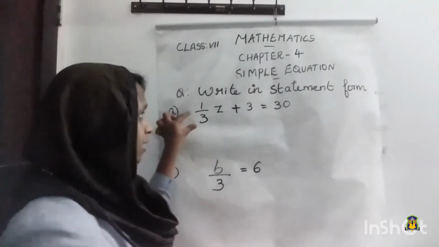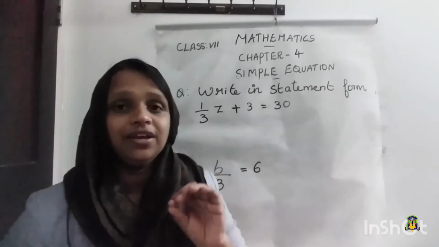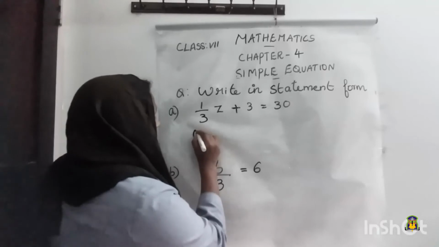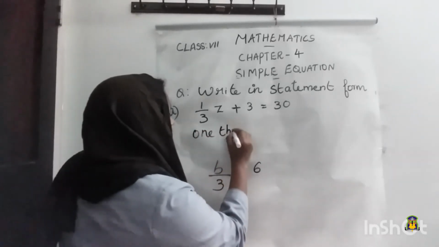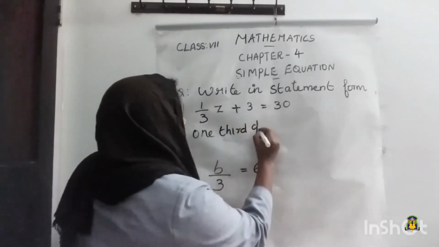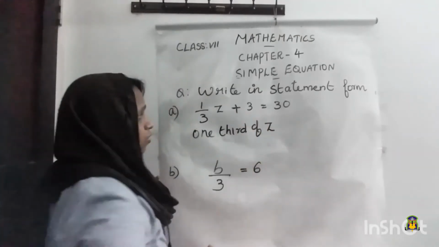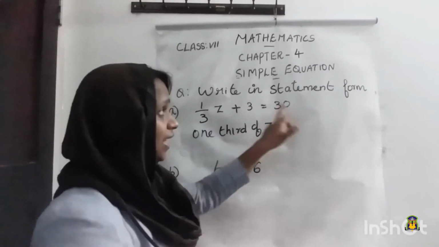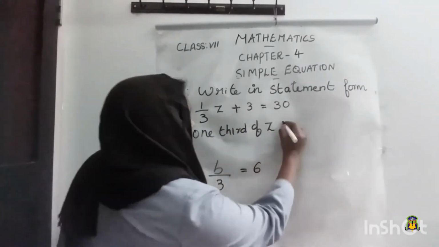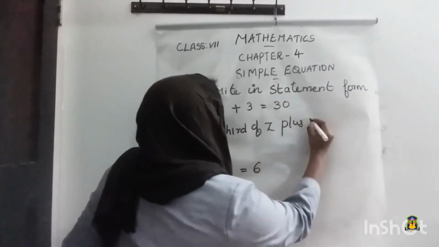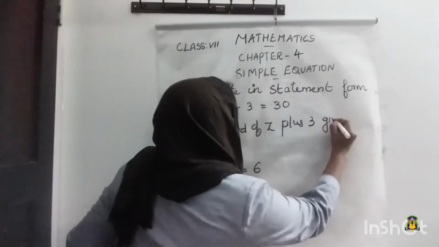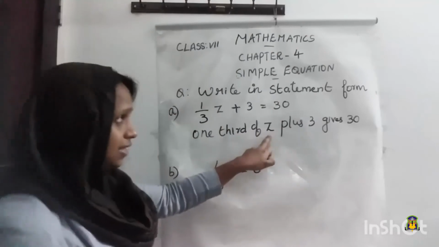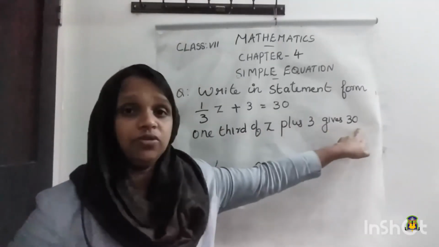So here it is 1/3 now. So we can write it as 1/3 of z. Then 1/3 of z plus 3 gives 30. Okay, 1/3 of z plus 3 gives 30.